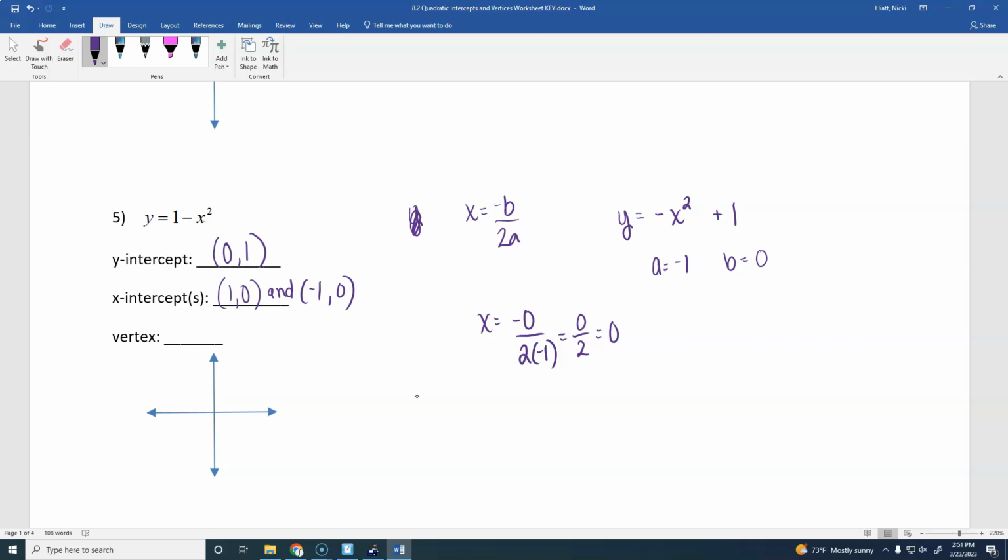And if you think about the other thing I was telling you, your x-intercepts are 1 and -1. What number's halfway between 1 and -1? 0, right? And then you're going to plug in 0. 1 minus 0 squared is going to give you the y, which is going to be 1. So you get 0, 1.